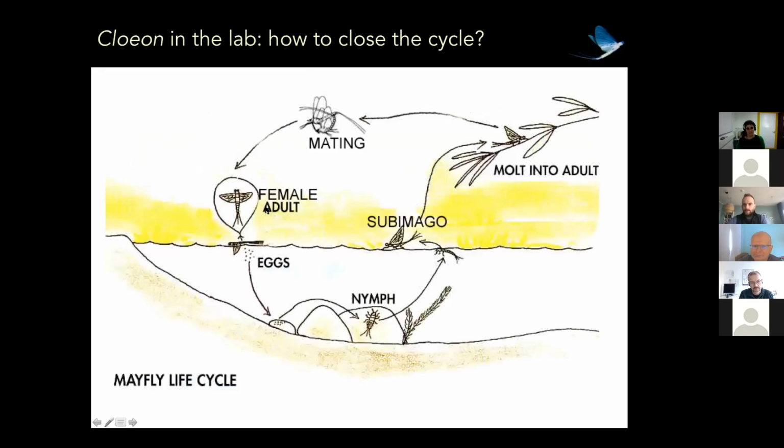As I said a bit before, the first challenge we encountered when we started the project was to close the cycle.